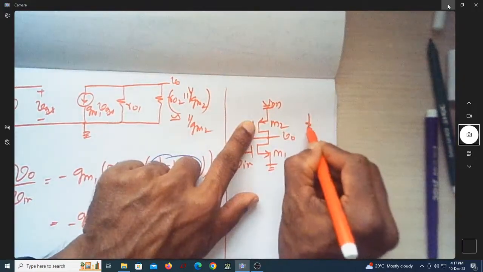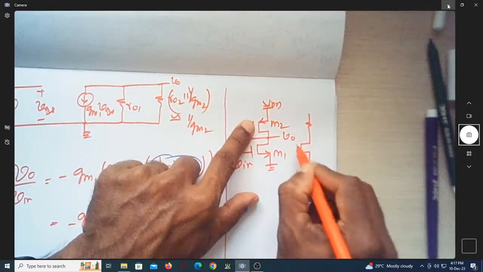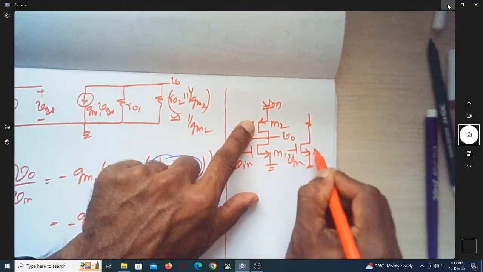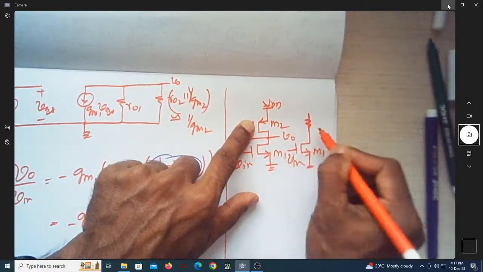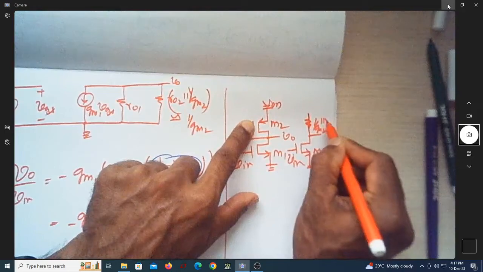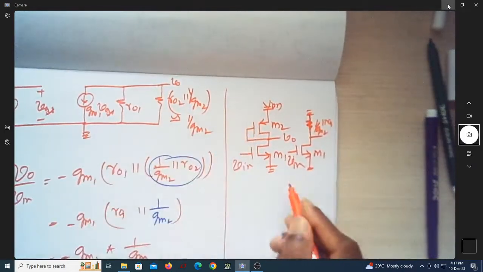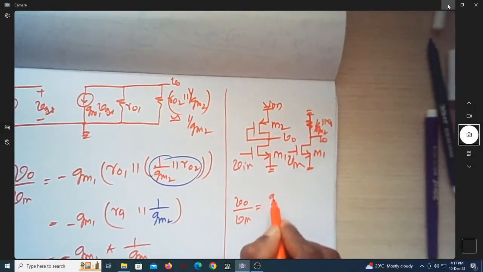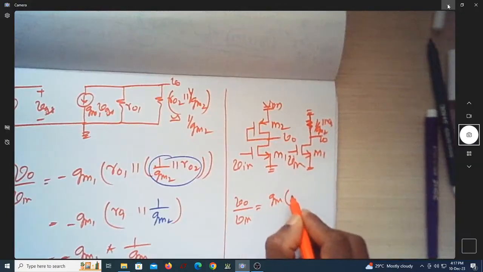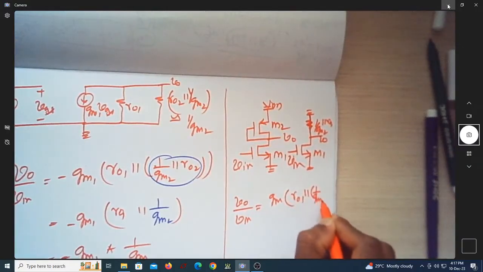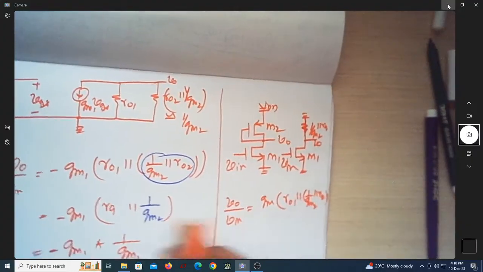Can I replace it by a resistor like this? Vin, this is M1, a resistor of value 1 over gm2 parallel R02, and this is AC grounded. Then what is V0 by Vin? Is it not equal to gm1 multiplied by R01 parallel 1 over gm2 parallel R02, as in the previous case?